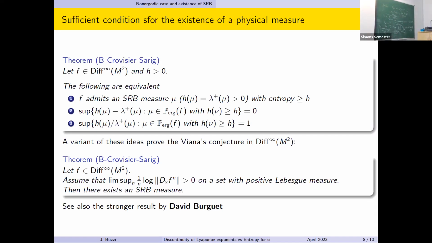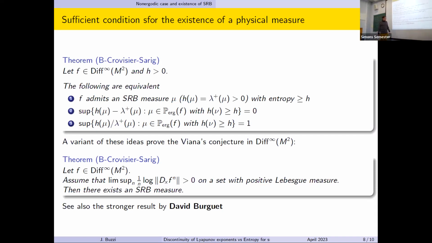Okay, so to finish on this, David Burger has different techniques, which actually give him a stronger result. But the point here is that it's really the same approach as our study of Lyapunov exponents and their continuity. What we show is that if this set has positive measure, there is some SRB measure.